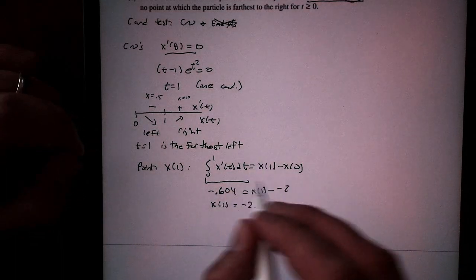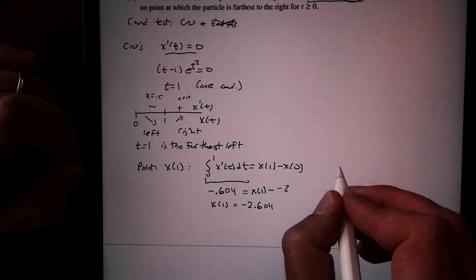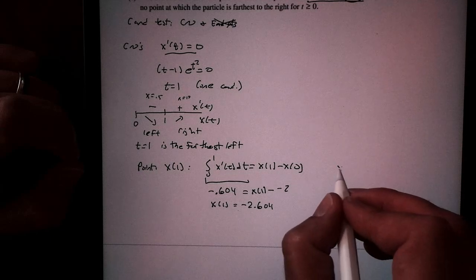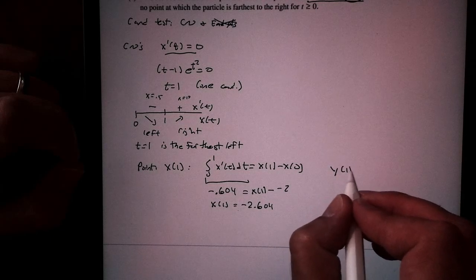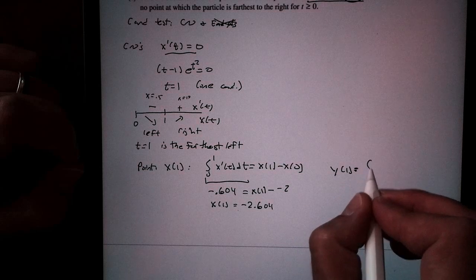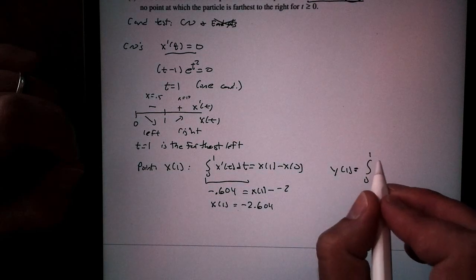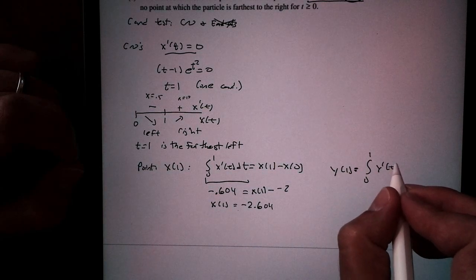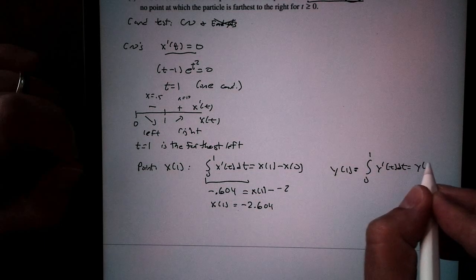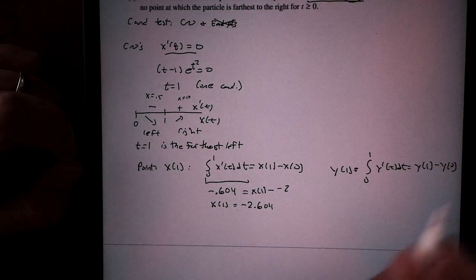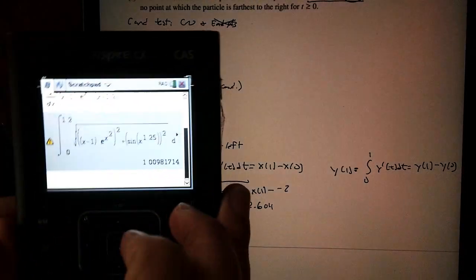And we're going to do the same thing for the y. The integral from 0 to 1 of y prime of t dt equals y of 1 minus y of 0. And I'm going to type that in. We'll actually type this one in here.